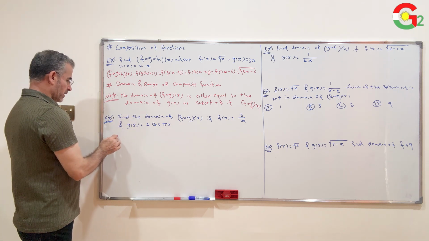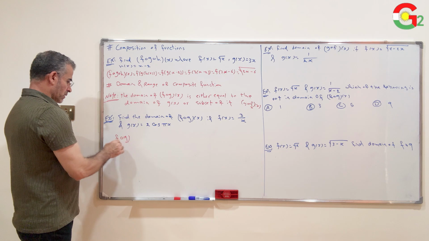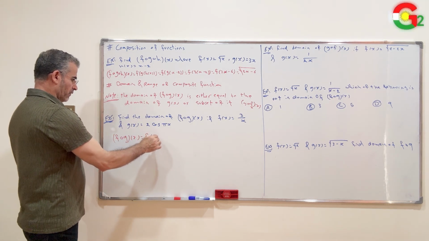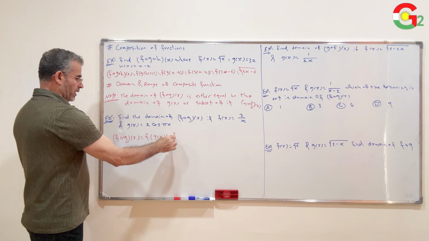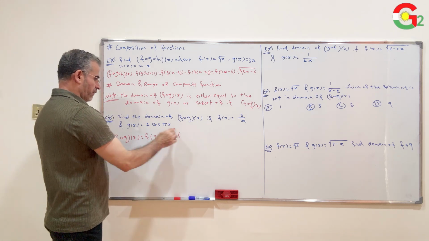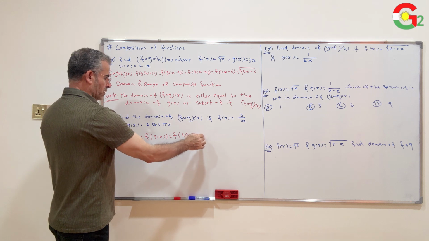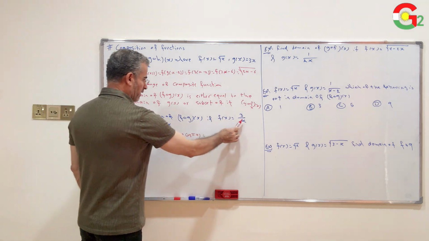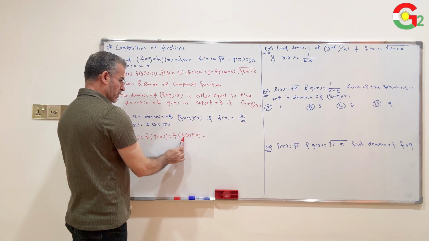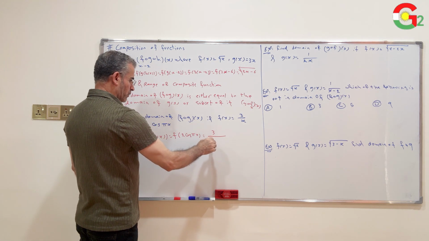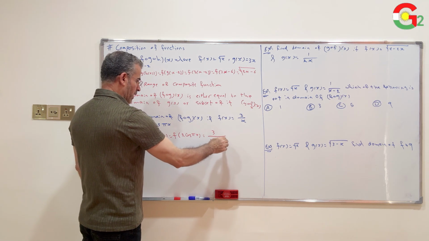First, I need to find f of g of x, which equals f of 2 cosine pi x. In the function f, replace x with 2 cosine pi x, then it will be 3 over 2 cosine pi x.